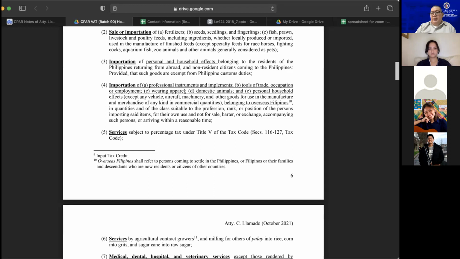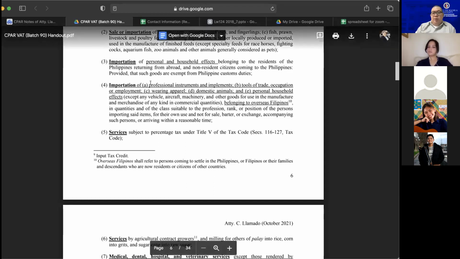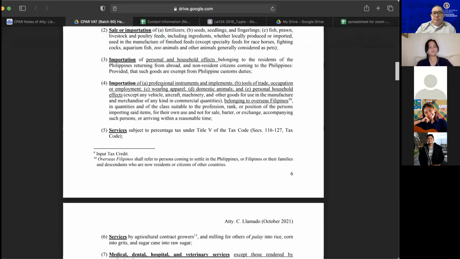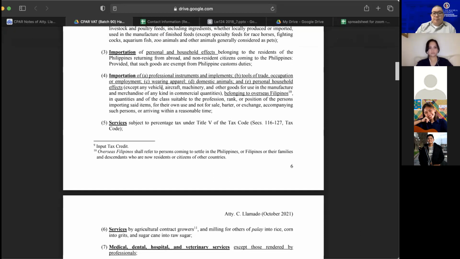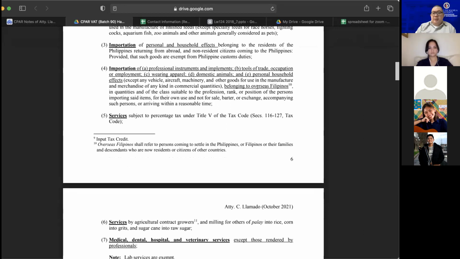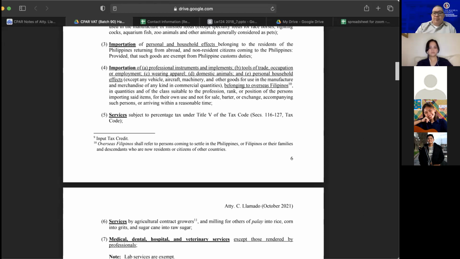Kasi pag export doon, zero rated doon. Pagdating dito, VAT exempt because they are considered personal and household effects. So OCW has the importation of yung mga welders, mga skilled technicians. They can bring in their stuff. Okay?